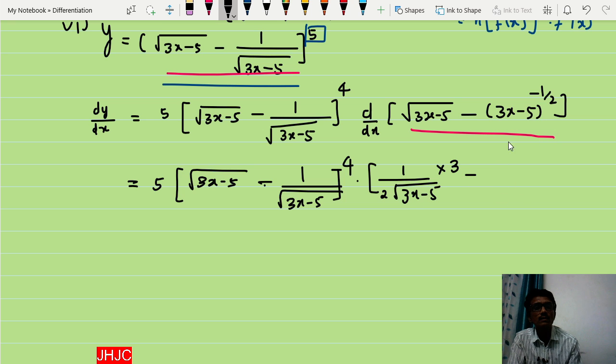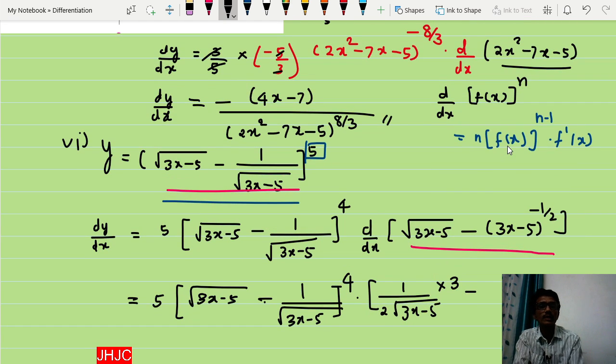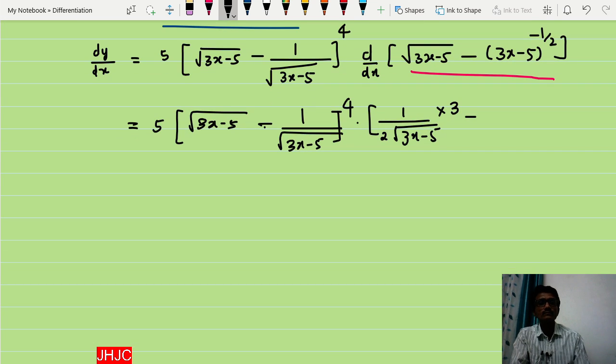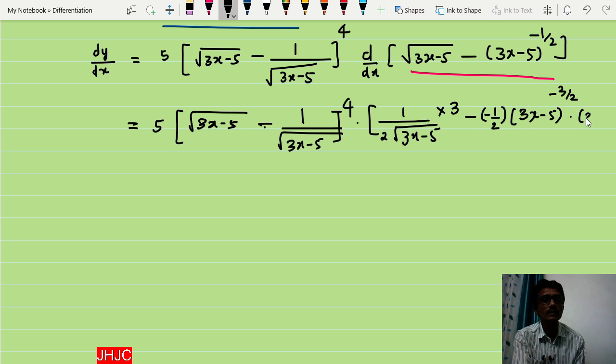Minus the derivative of f(x) raised to power n, f(x)^(n-1) into f dash of x. We wrote this formula here, so we are applying this here. N means minus 1 upon 2 into f(x) raised to power n minus 1, that is 3x minus 5 to the power minus 3 by 2, into the derivative of 3x minus 5, that is 3.